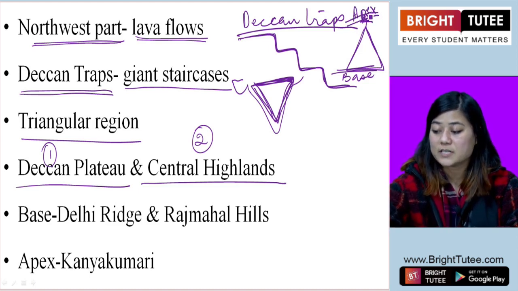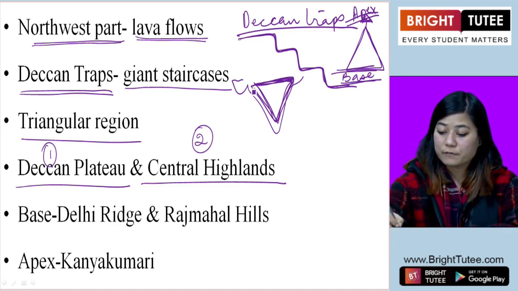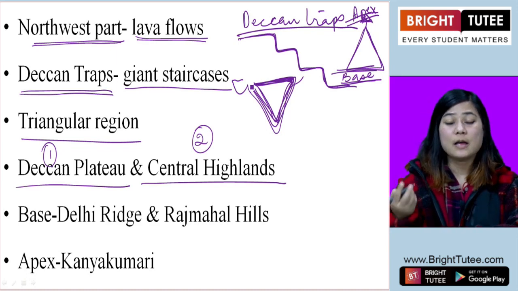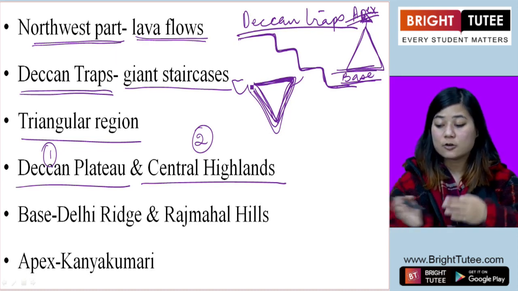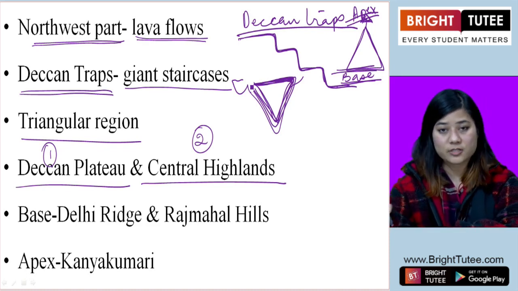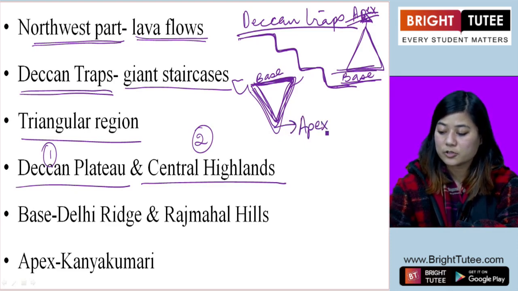The top of it is called the apex, and the bottom of it is called the base. So if you look at this triangular landmass which is called the Peninsular Plateau, it looks like an inverted shape of a triangular mountain. So this here is the base, and this here is the apex or the top of it.